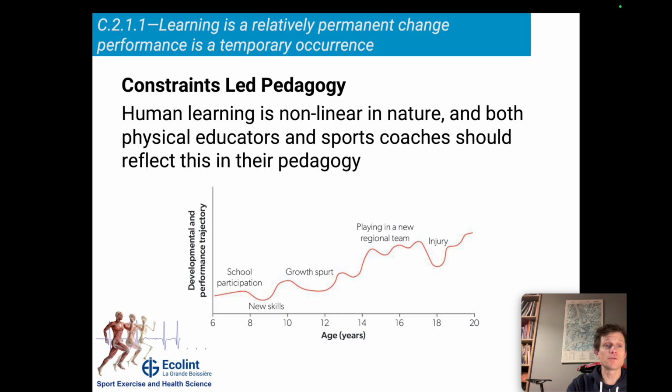For example, they need to focus on being able to assess performance and learning continually. They need to be able to structure practices to facilitate the optimal learning environment for that athlete. Then they need to be able to deliver concise instructions and feedback, and that allows the learning to take place in the most efficient manner that can then be adapted to a different and changing environment.